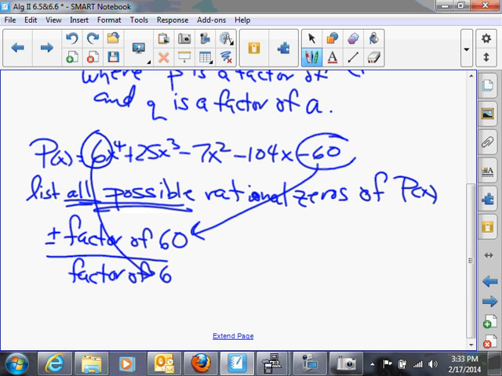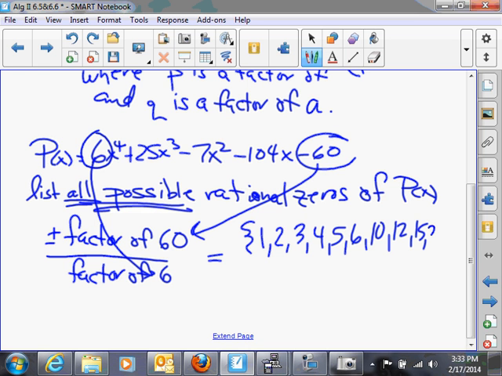Okay, now, to do that, probably the easiest way is to start out listing the factors of 60. 1, 2, 3, 4, 5, 6, 7 isn't a factor, 8 isn't a factor, 9 isn't a factor, 10 is, and 12, and 15, and 20, and 30, and 60. And then list all the factors of 6. 1, 2, 3, and 6.